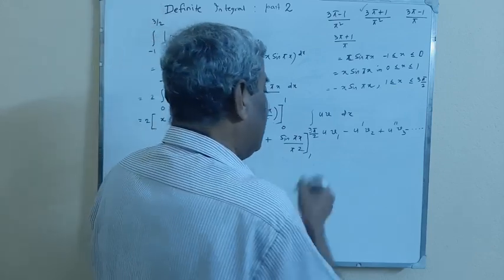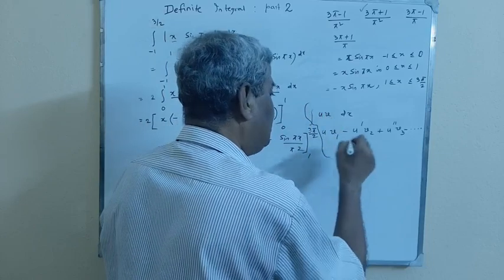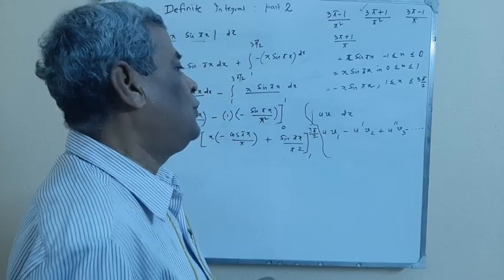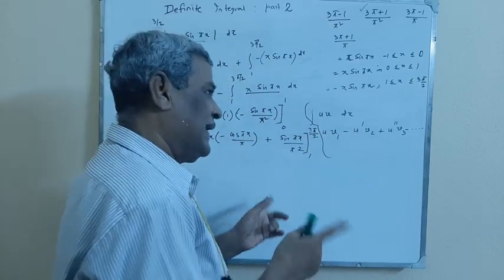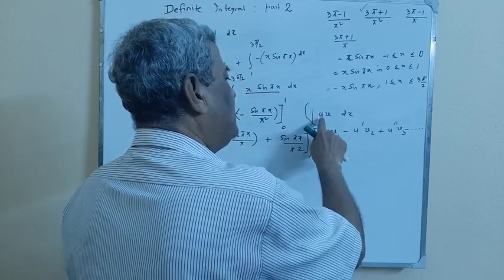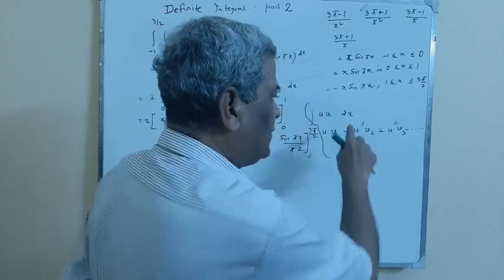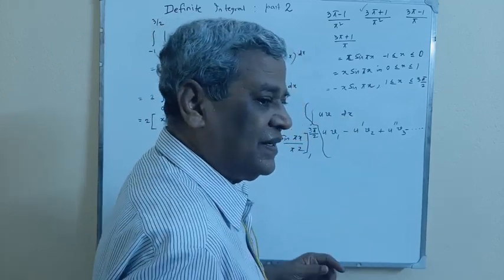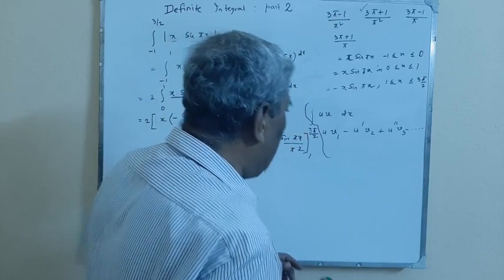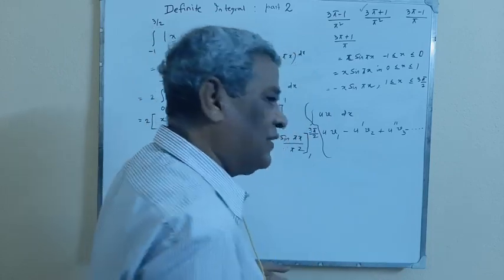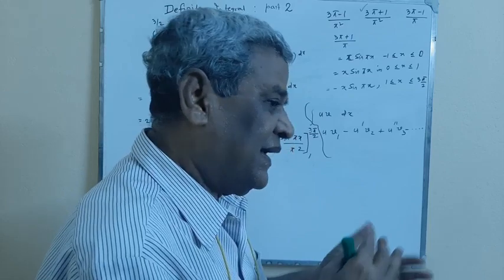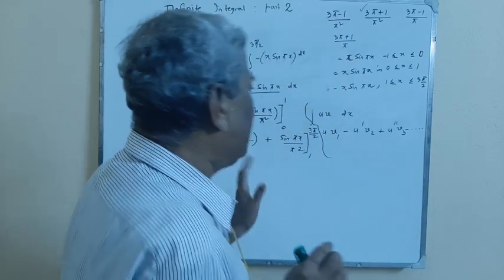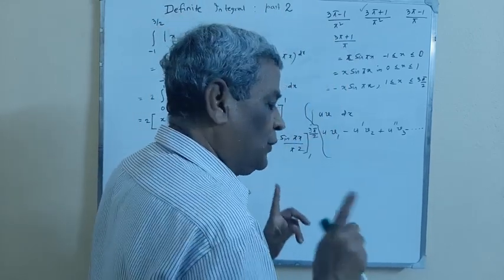I tell you, this one is a very useful formula of integration. Once again I am repeating, it is of the type u into v. Both are functions of x, and one of them is an algebraic polynomial function like x square plus 1, x cube plus x plus 1, etc. In that case, take u as the polynomial function.